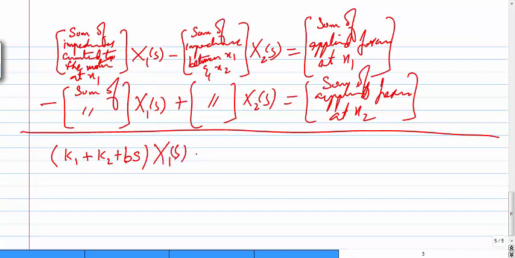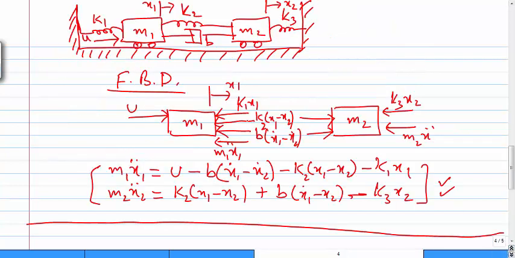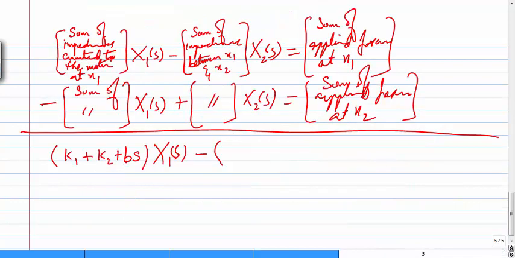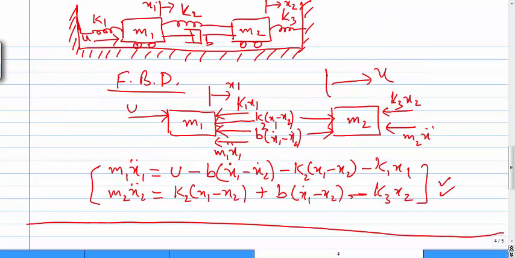Then we put minus, and we look at what is with x2. Look here, between x1 and x2 is this thing, and this is k2 and b, so just plug in there and write k2 plus bs and put x2 of s, and equal to what is the applied force for this mass with respect to x1.